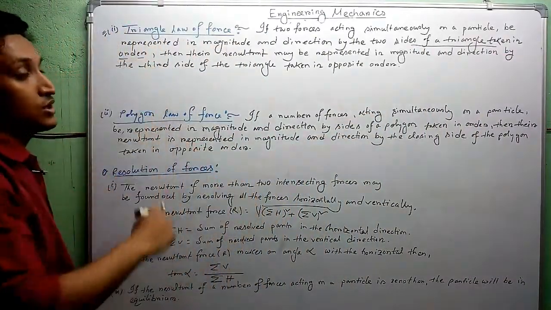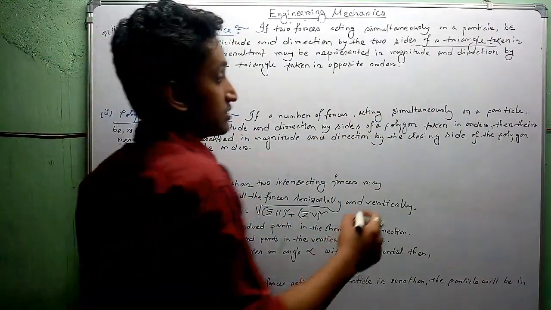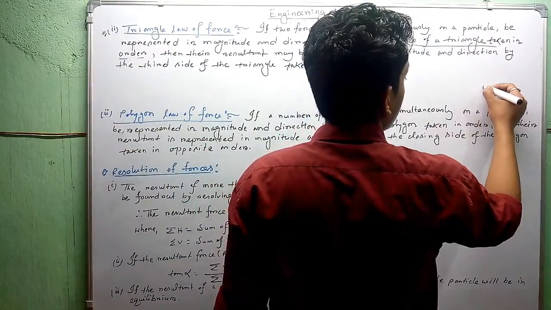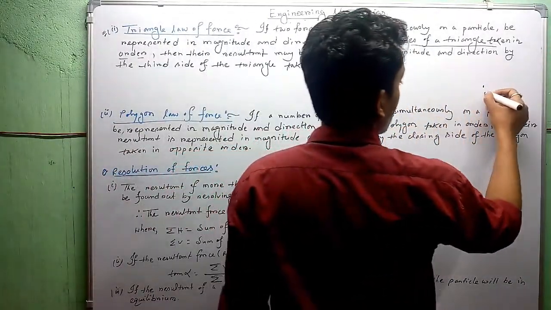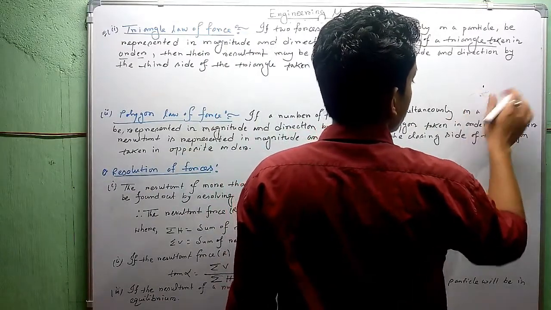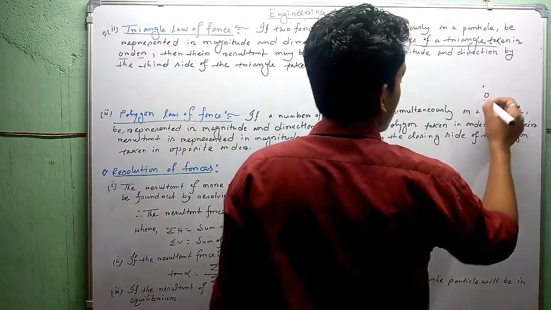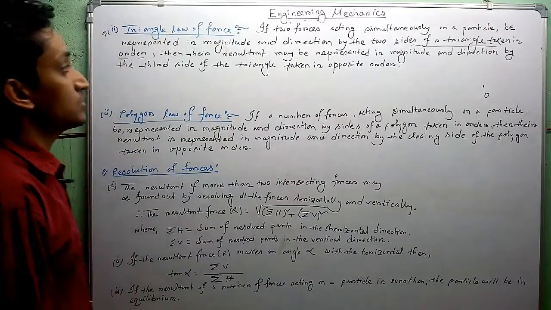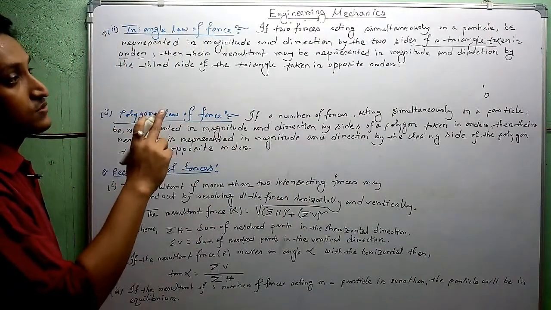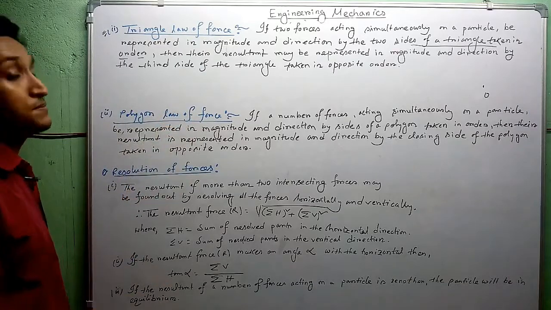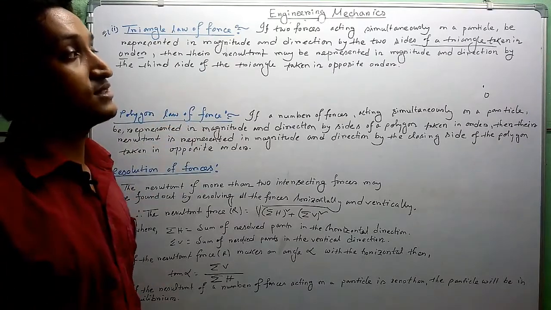So we can draw this with the help of this statement. Here is the particle, named O. So if two forces acting simultaneously on a particle be represented in magnitude and direction by the two sides of a triangle.